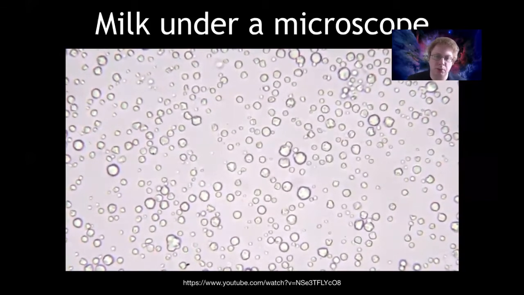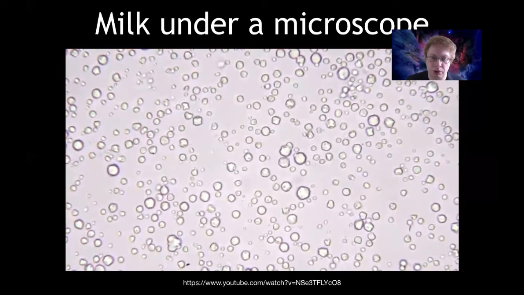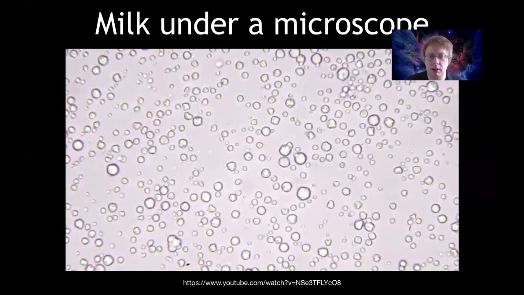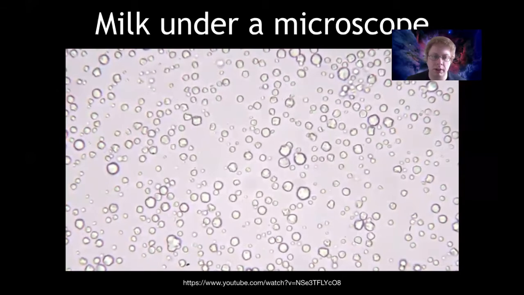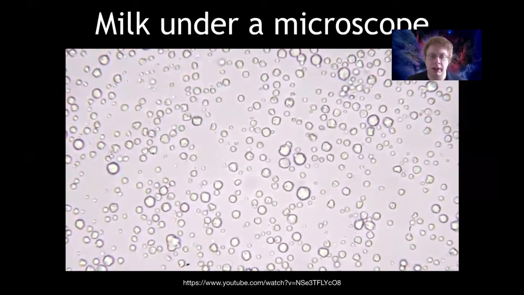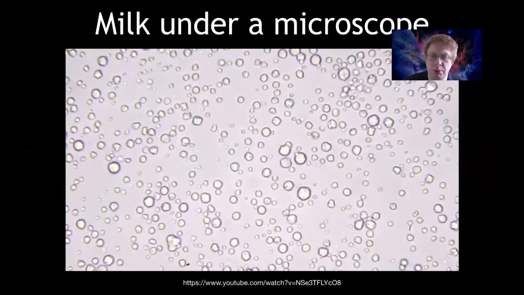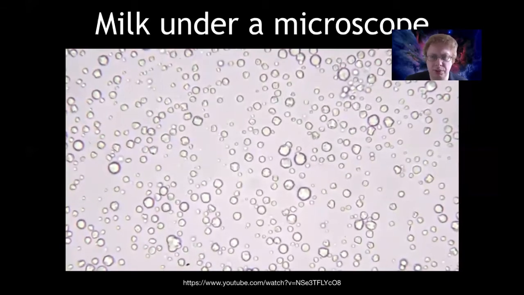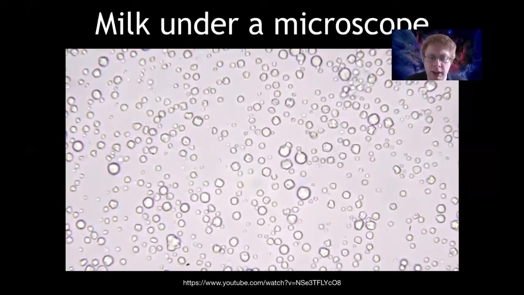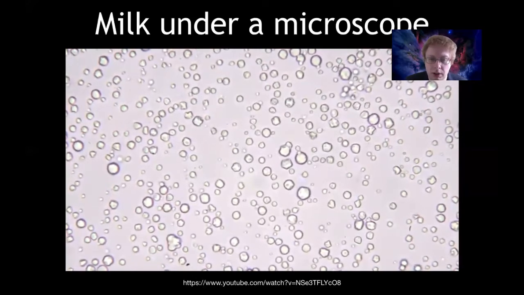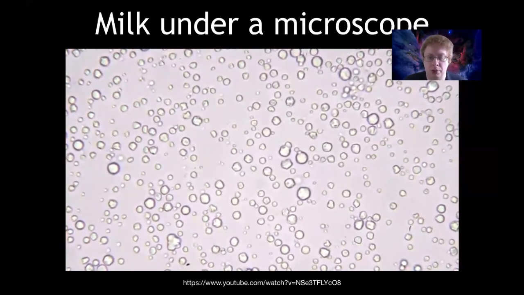In this video, they're showing all of these fat globules underneath the microscope, and you can see them very clearly as these round things with dark outlines where the light is being refracted away from your eyes. And what you can notice here is that these fat globules are vibrating, they're moving around, and they're jiggling as they just sit there otherwise undisturbed in the water.